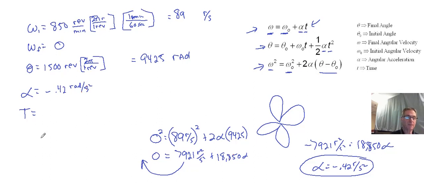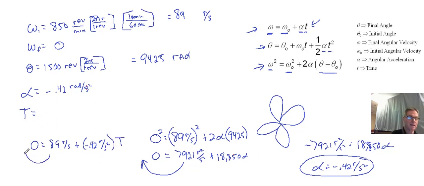All right, so final velocity is 0, is equal to the initial velocity, which is 89 radians per second, plus alpha, which is negative 0.42 radians per second squared, times time.